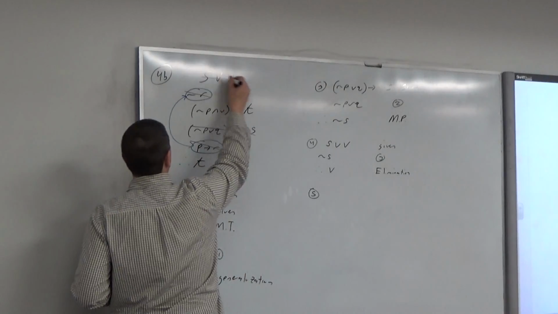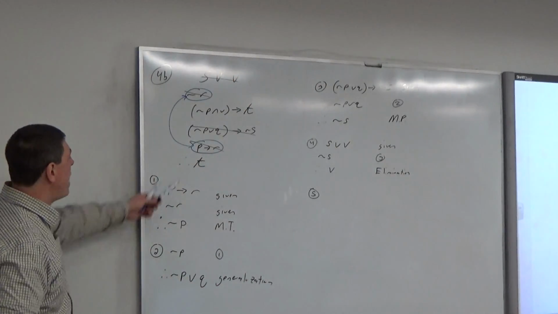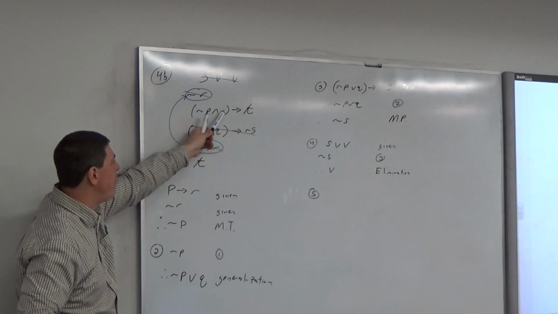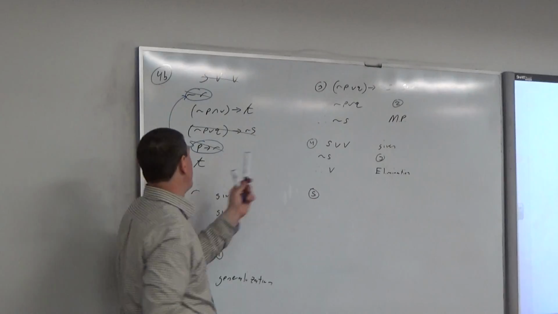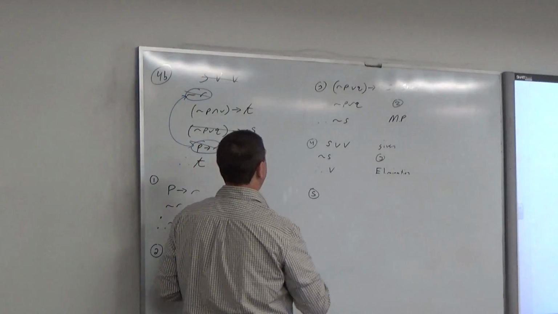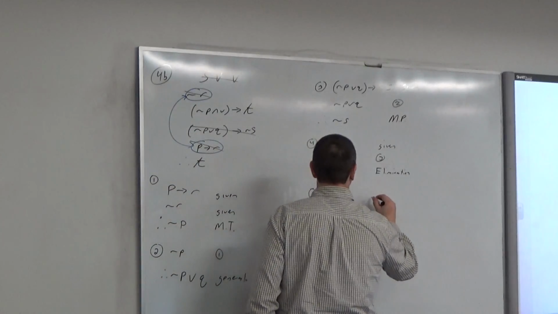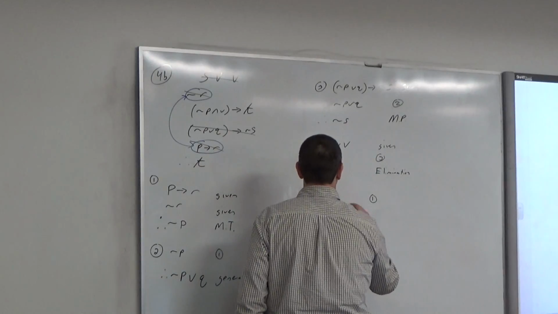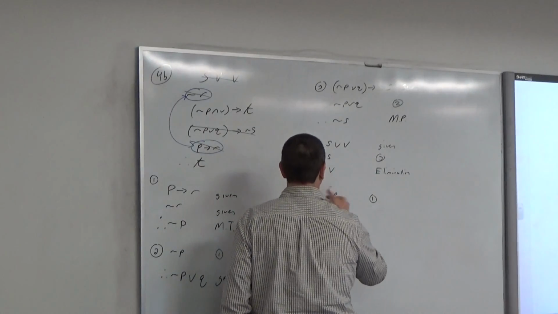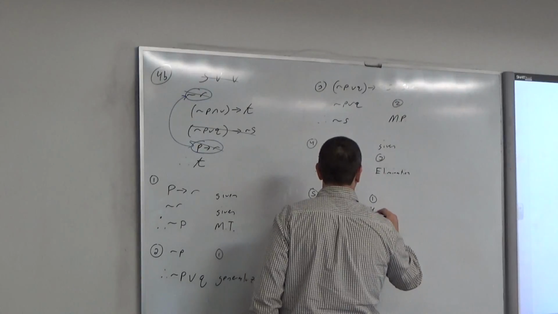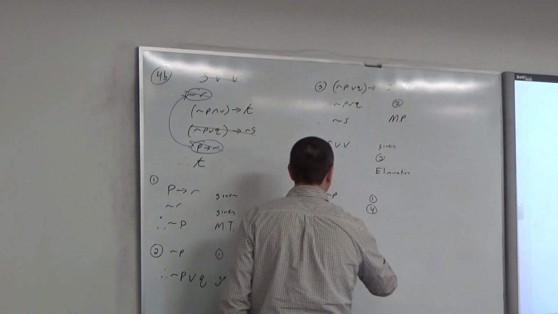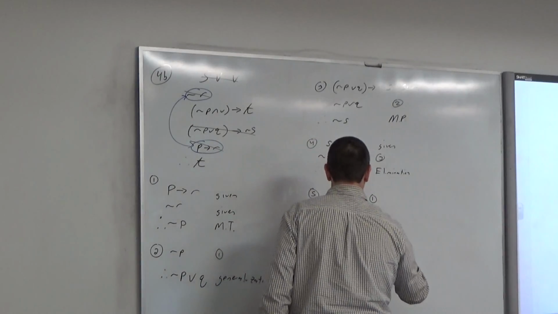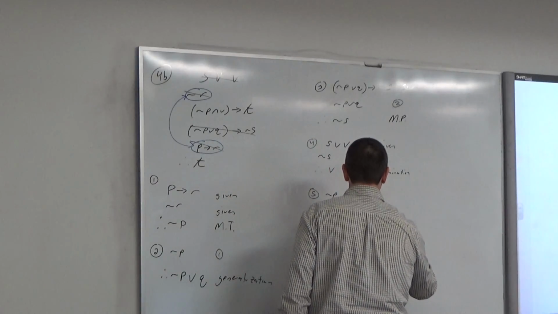Cross this off. We had not P from step 1. We had V from step 4. We're going to conjoin those together to get to not P and V. Okay, so we have not P from 1, we have V from 4, so therefore we have not P and V, and that's going to be from conjunction.